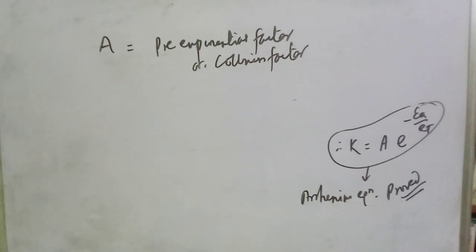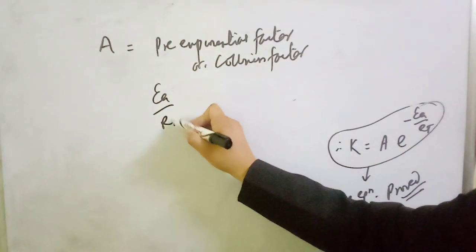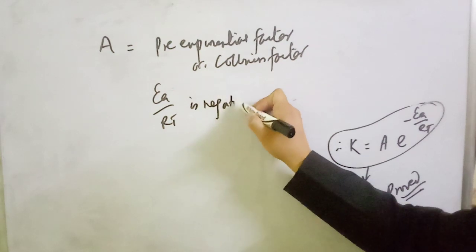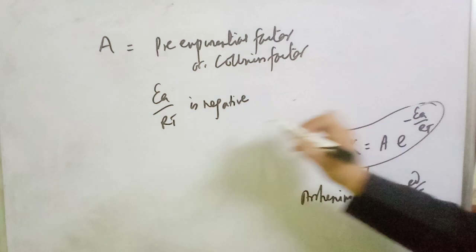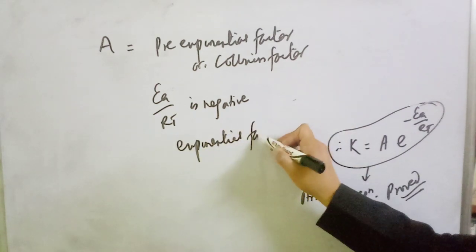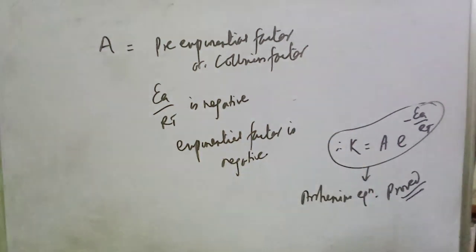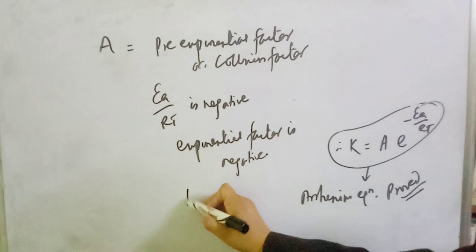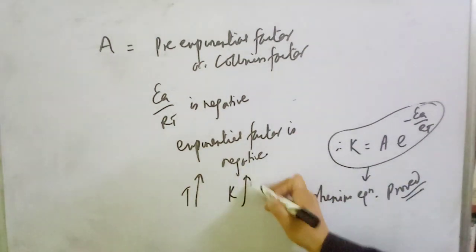And EA upon RT is negative, so the exponential factor is negative. When the exponential factor is negative, that represents that when T increases, then k also increases.